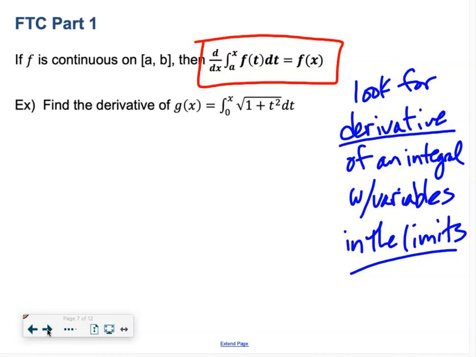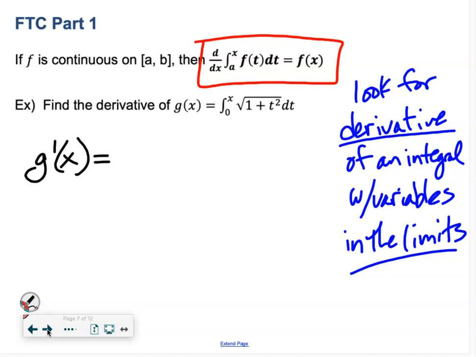So, the nice thing about these problems is they're super fast and super easy. Like, so easy, you're going to be like, what? So, the first one: find the derivative of g if g equals the integral from 0 to x of the square root of 1 plus t squared dt. So what does g prime equal? g prime equals f of x.